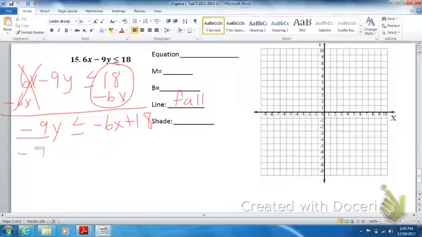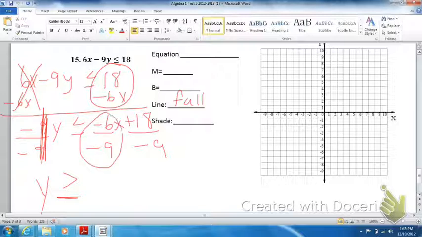Divide by negative 9. This becomes a big 1. Now remember, we divided by a negative 9. When you divide by a negative number, this sign flips over. So not less than anymore, it is now greater than or equal to. You can reduce this. A negative over a negative is now positive, and 6 over 9 is really 2/3. And then 18 divided by negative 9 is a negative 2.